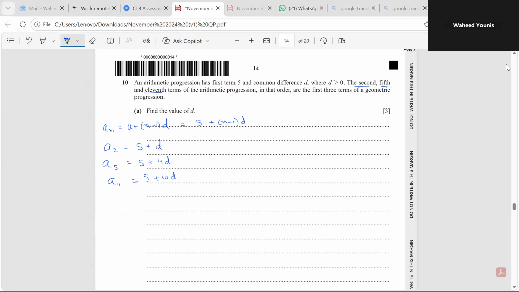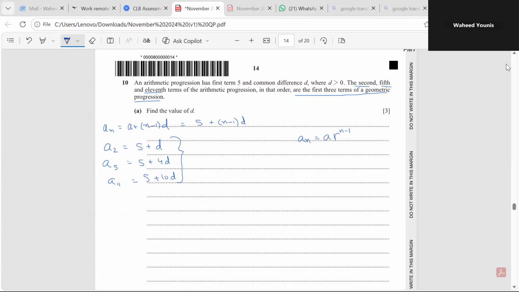Now it is given that these are the first three terms of a geometric progression. Remember, the nth term of a geometric progression is a r to the power n minus 1.